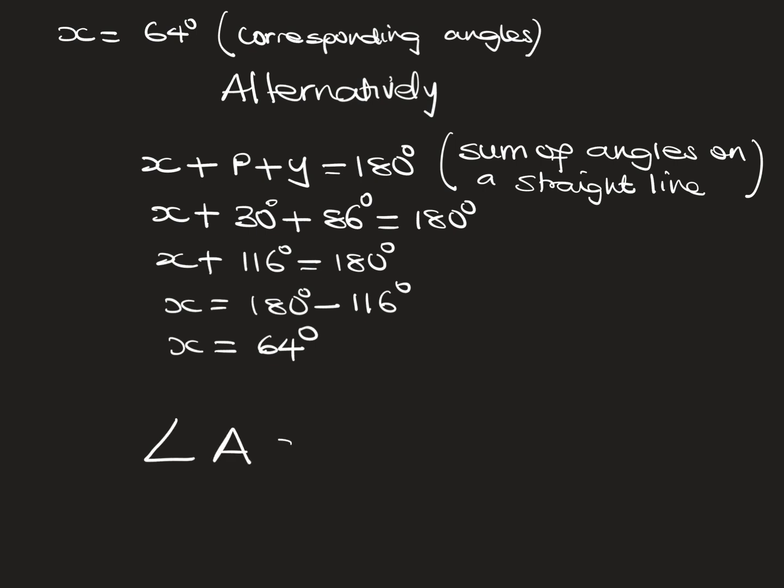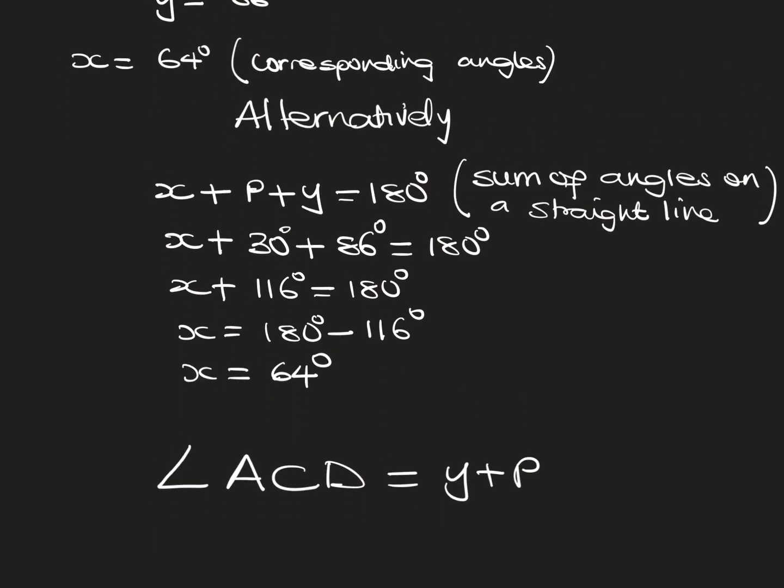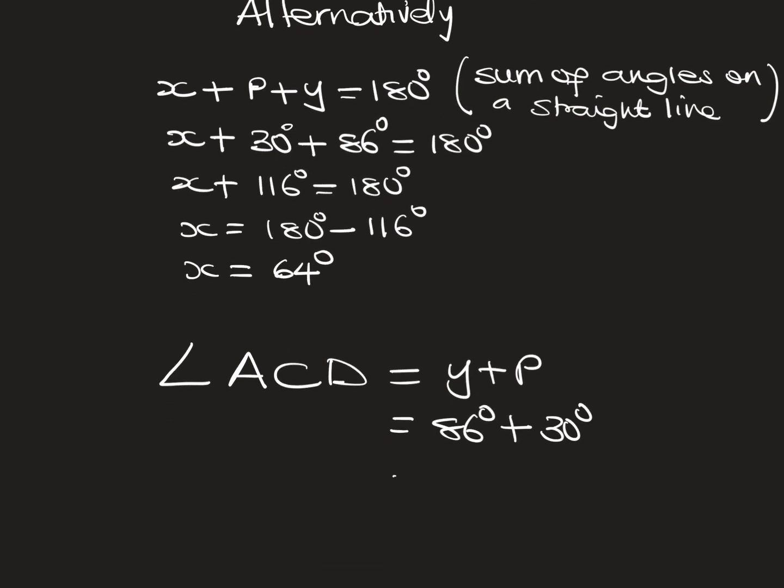Angle ACD is equal to Y plus P. Y is 86 degrees plus P is 30 degrees. So that is 116 degrees.